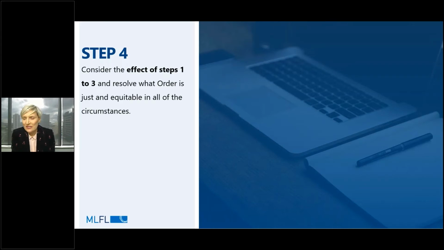But the final step is taking a step back and assessing how that percentage adjustment is going to be applied to the property of these parties. So this becomes particularly important in trust cases.